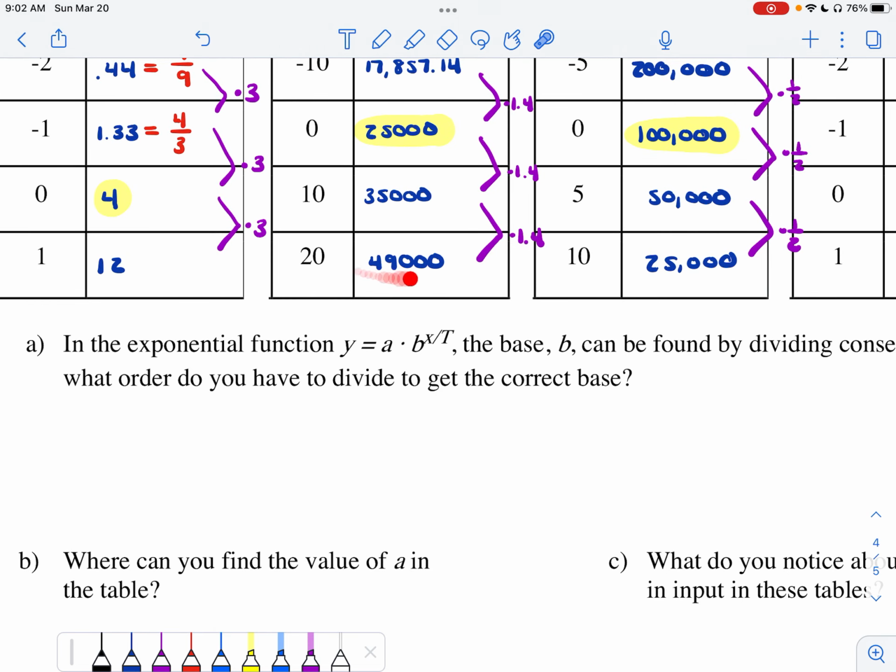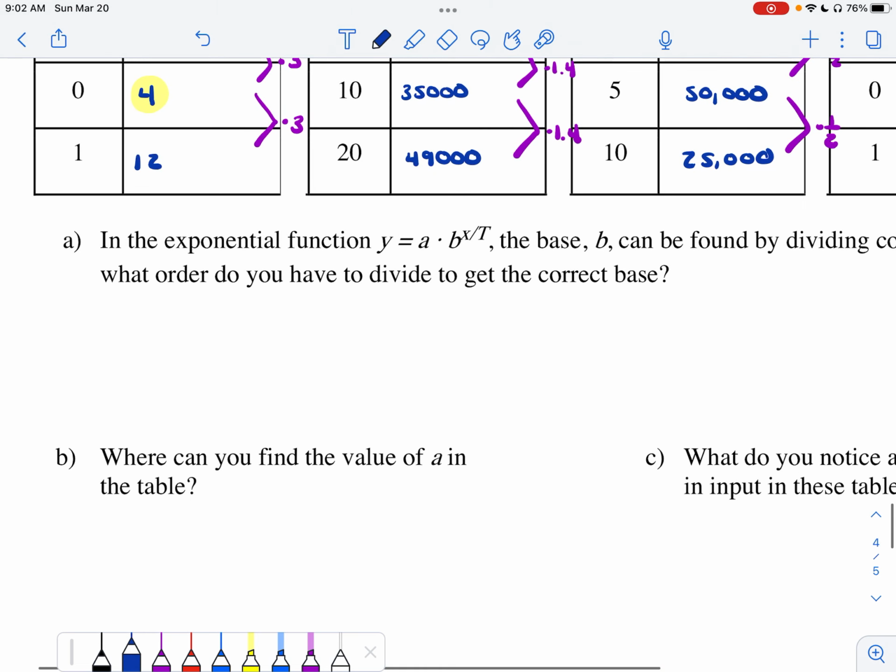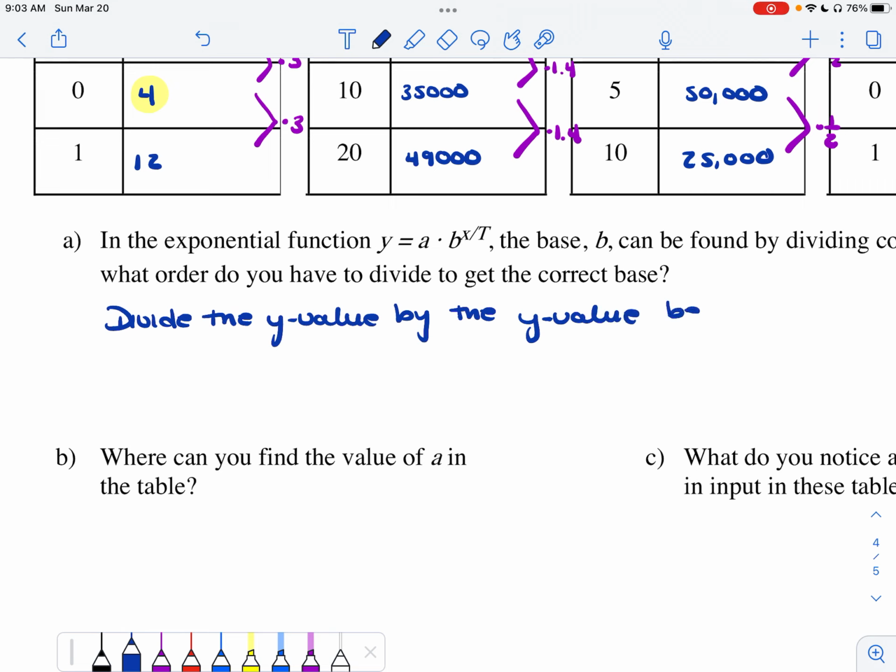By that I mean, like this would be my second number, this would be my first number. So I'll say divide a number by the number before it in the table. So divide the y value by the y value before it in the table.